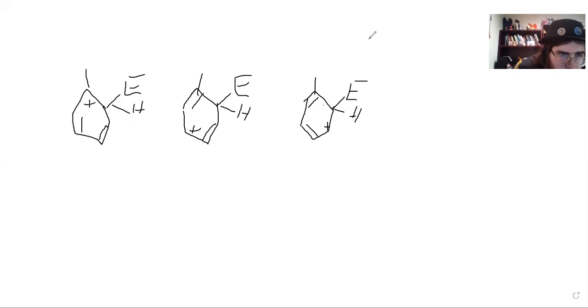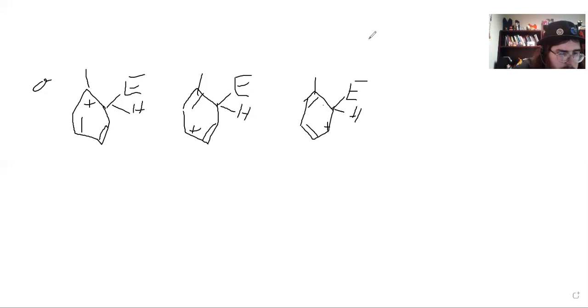Of the ortho, there are 3 sigma complexes, but one of them has the positive charge attached to the carbon that is bound to the methyl. What do we know about methyl groups? Methyl groups are electron donors, and they are known to stabilize carbocations.